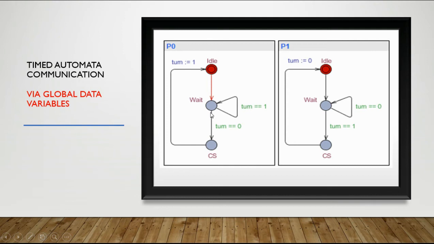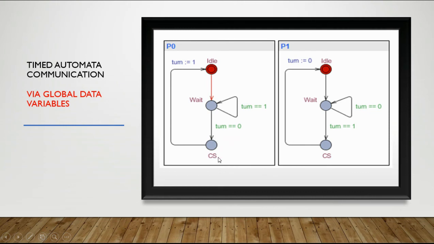For example, here we have a waiting state. The machine or the process should wait here until it gets its turn, that is, until the turn is, for example, 1, while the other one should wait until the turn goes to 0 before getting into the critical section.